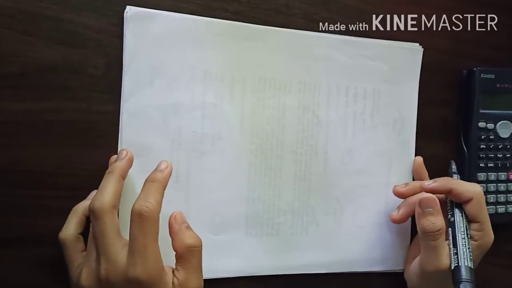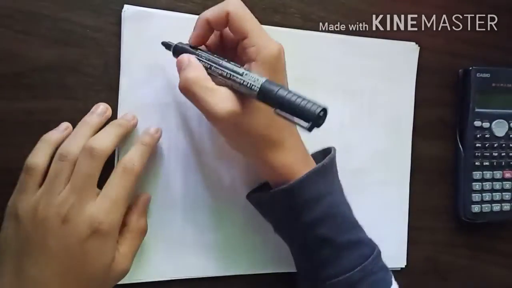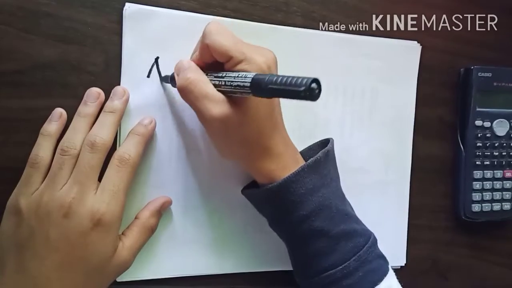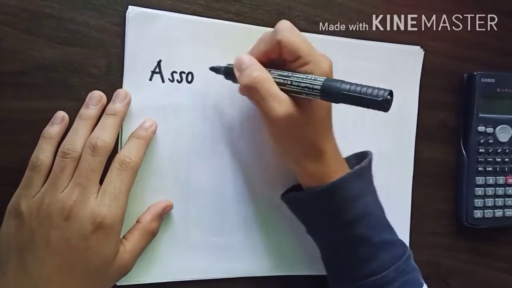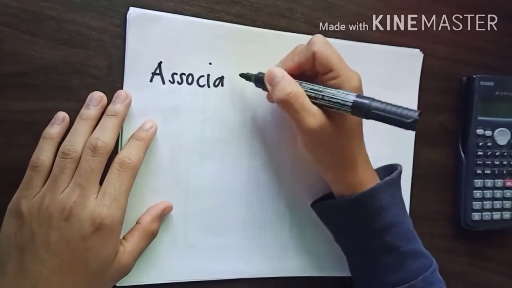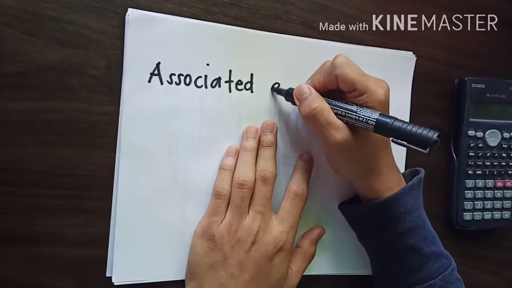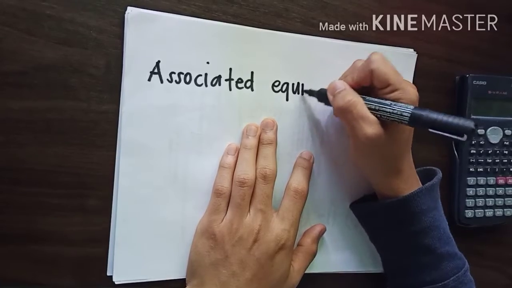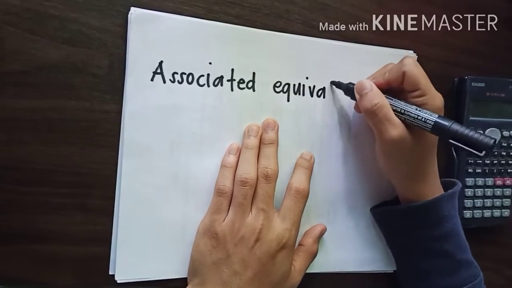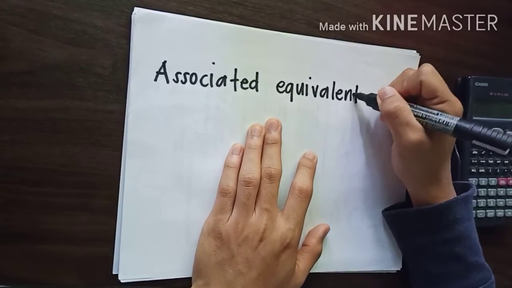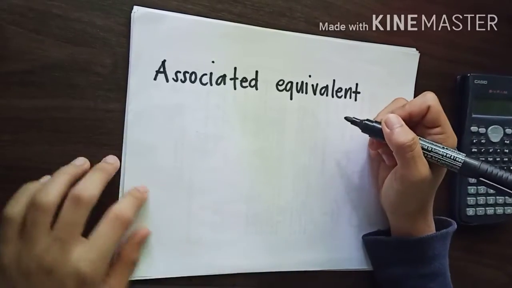So for step 7, we are going to write down the associated equivalent systems of linear equations.